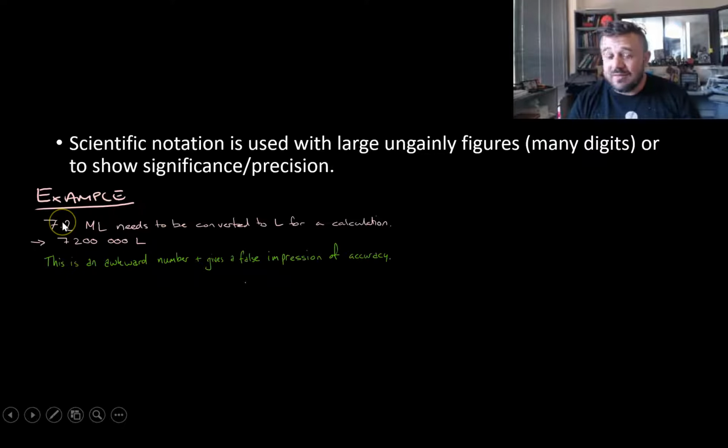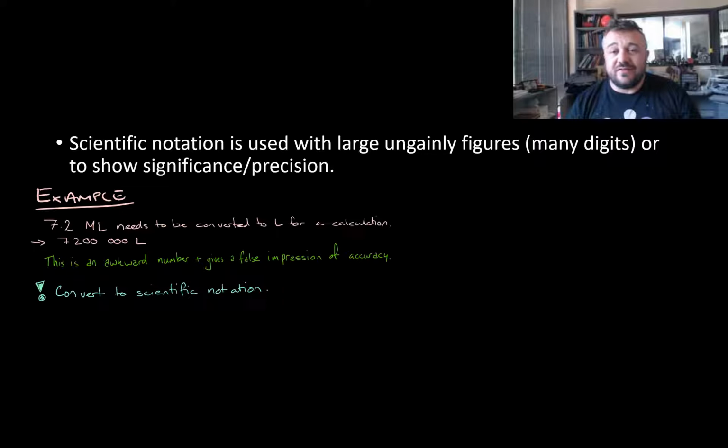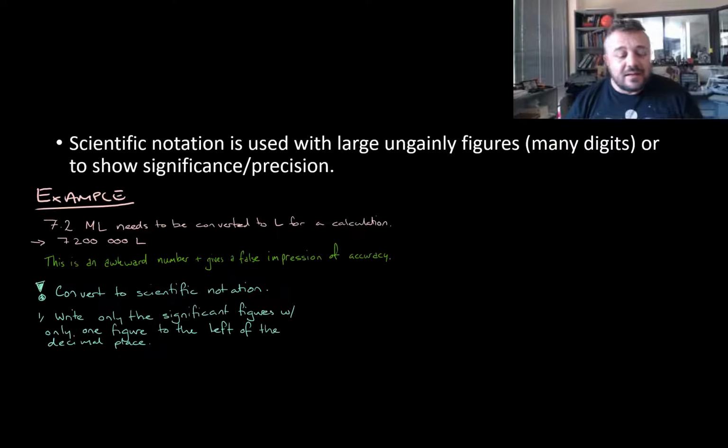So we want to convert this to scientific notation. Now, write only the significant figures. This is a step-by-step thing. Write only the significant figures, and you only want one figure to the left-hand side of the decimal place. That'll look like this: 7.2, just like it started, nice and simple.